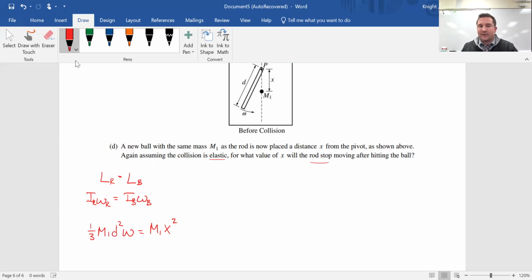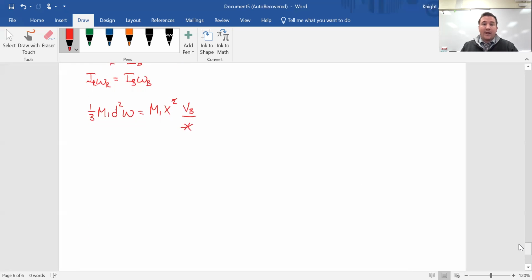We should replace omega again with the velocity of the ball divided by X this time, right? So last time we replaced this with V over D, but it's not at distance D anymore, it's at distance X. So X will cancel with X squared, and the M1s cancel actually too. M1 will cancel with M1.